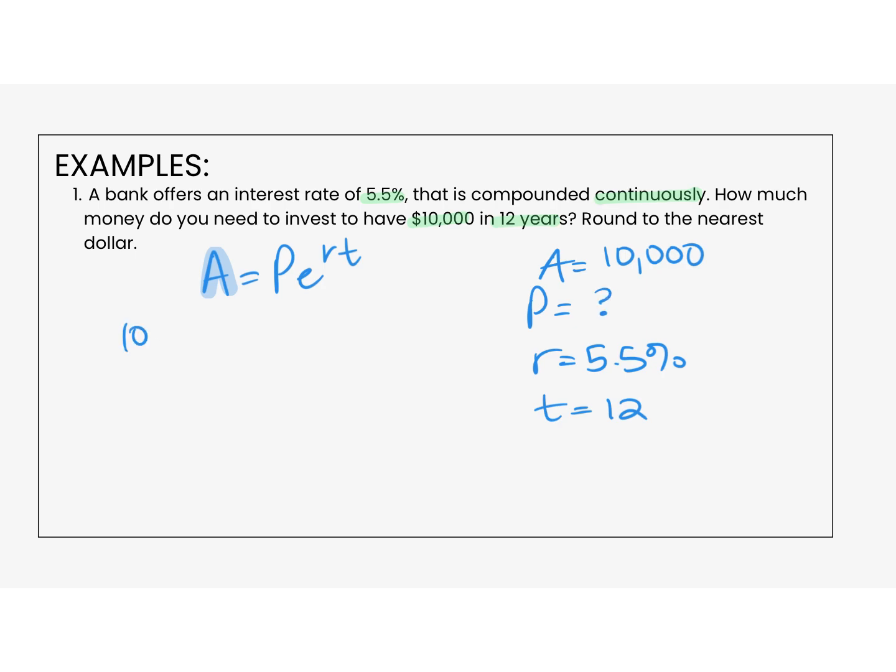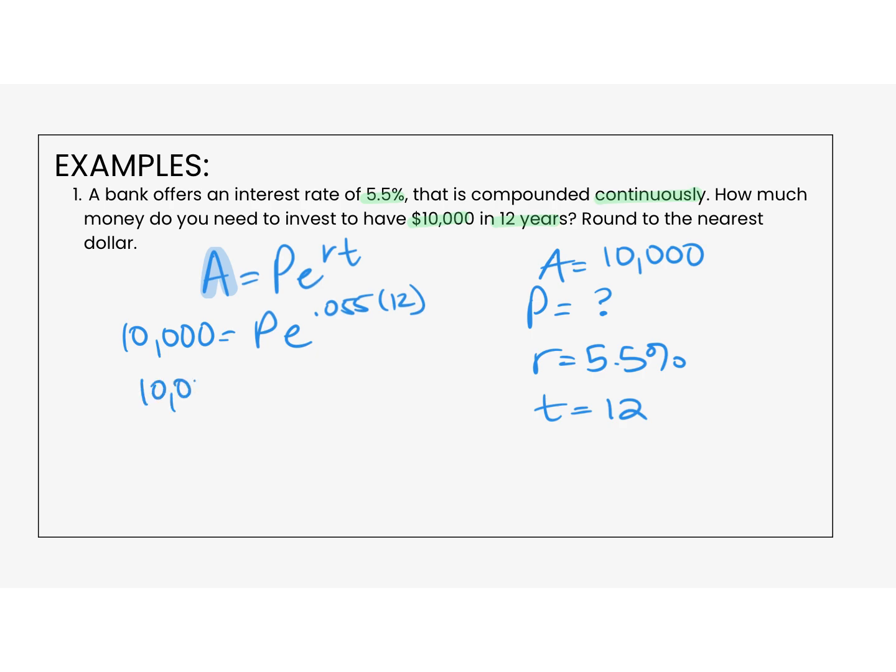We have 10,000 equals P times E to the 0.055 times 12. This is just like what we did in Unit 6, so this is no different. I'm going to evaluate on my calculator E to the 0.055 times 12. Remember that button is just above your natural log, your ln button.